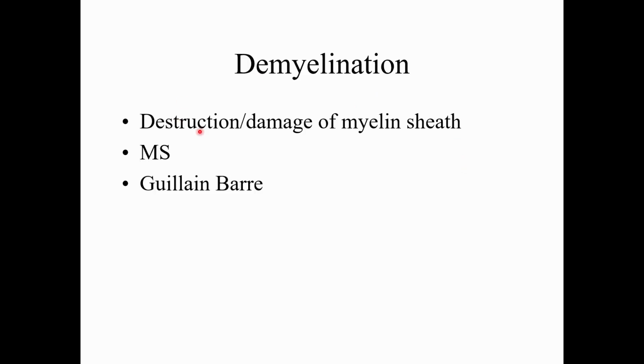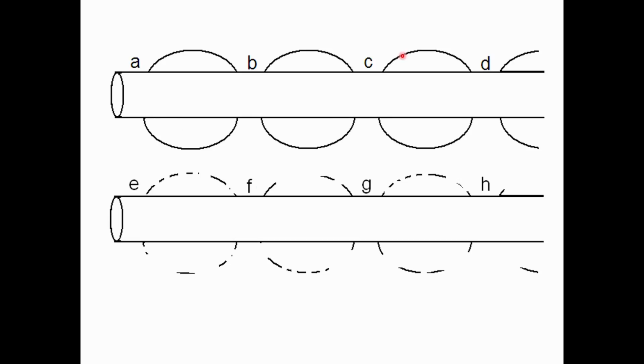Now, what can happen is the myelin sheath can be destroyed. And then you have a bunch of leaking going on. So instead of having an action potential and fast current flow, action potential, fast current flow, you have current leaking out of your damaged myelin.